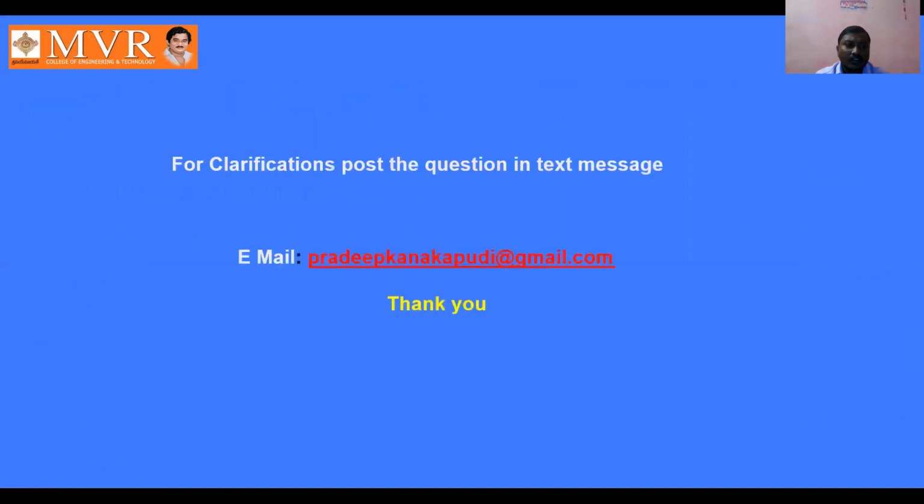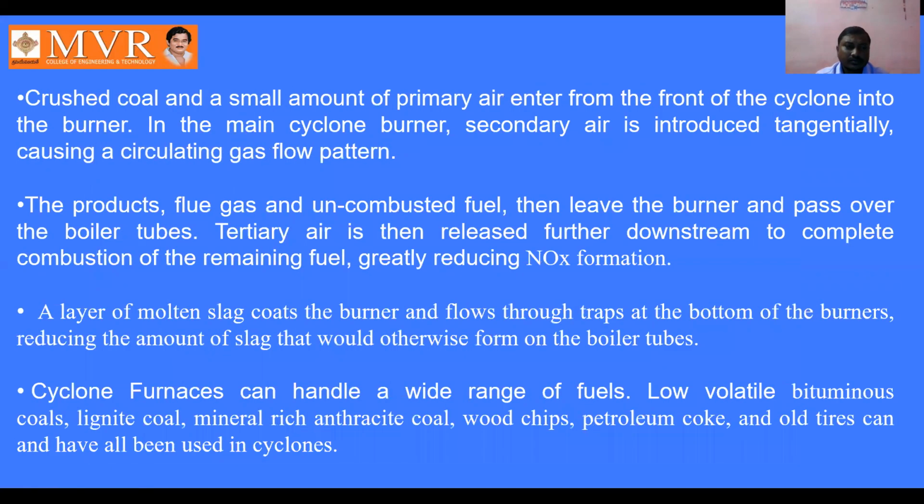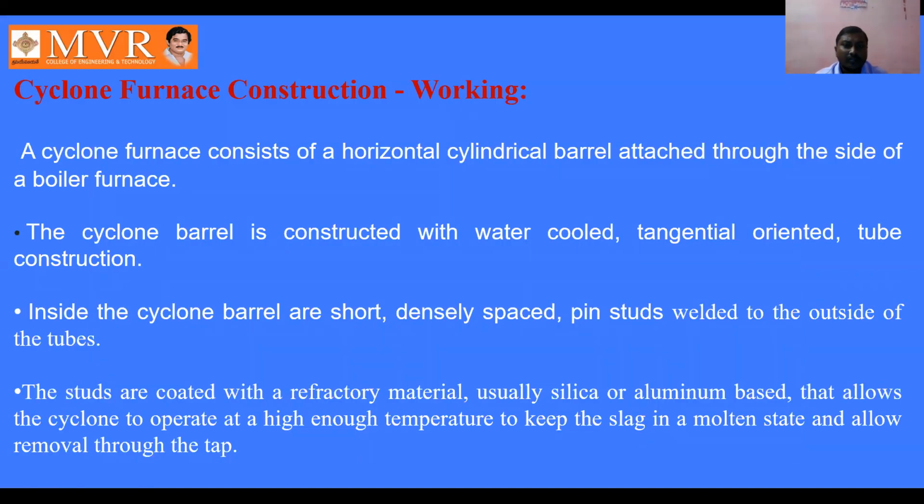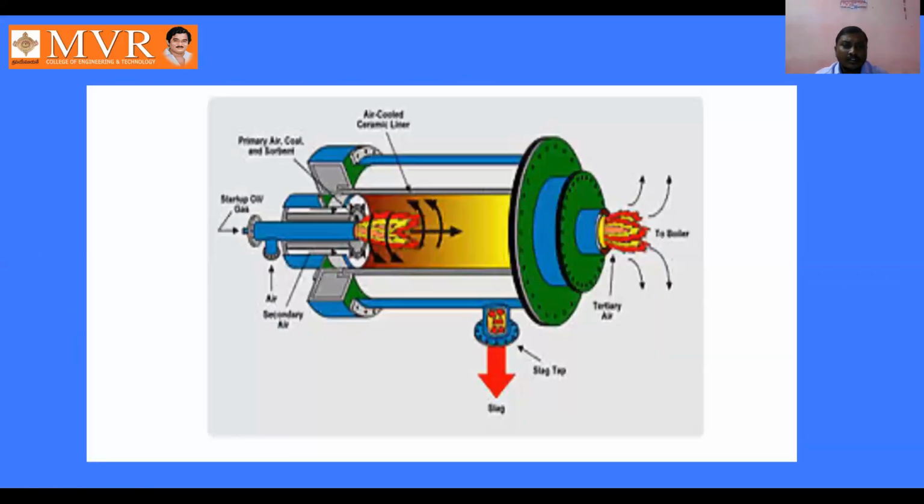In the same way as the central bin or unit system, this cyclone furnace construction has a boiler, and by using a burner it gets heat output, with the primary air as well as secondary air.